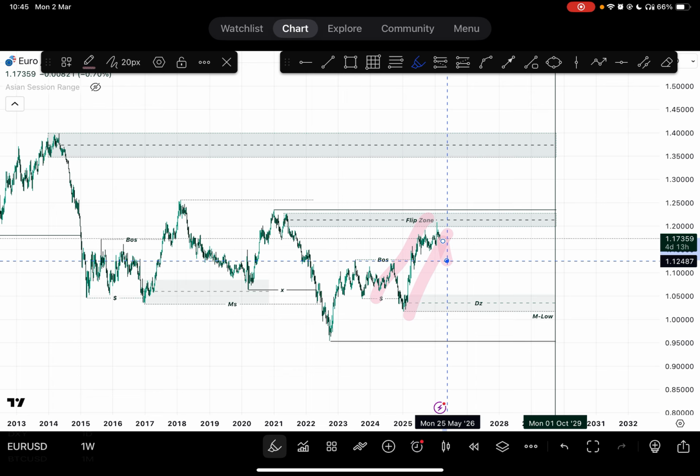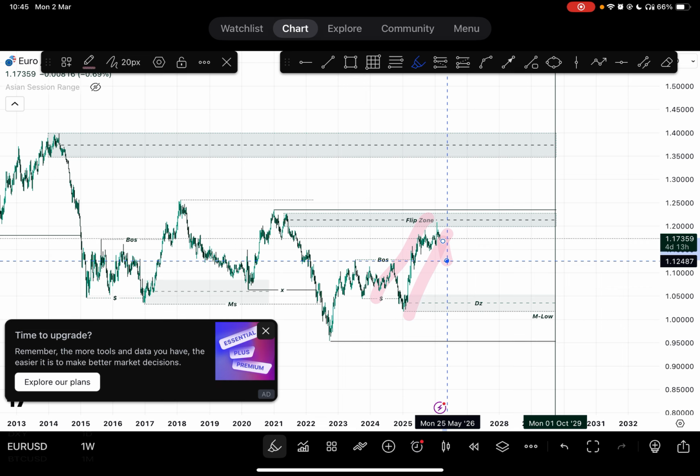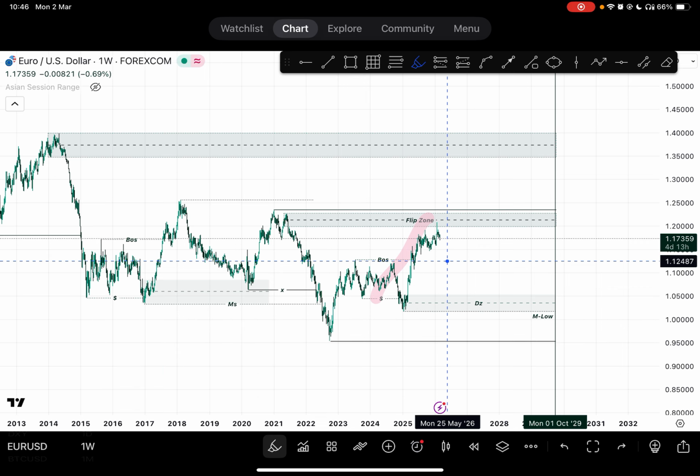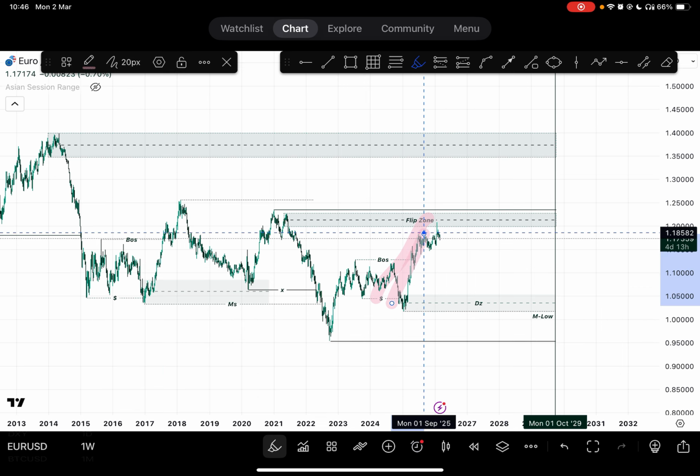Because if we move down to the daily time frame, you will clearly see that the trend is still bullish, and this pullback is not yet over until the daily structure shifts to bearish, which will then align with the weekly structure. Then we can start looking for the sell, right?